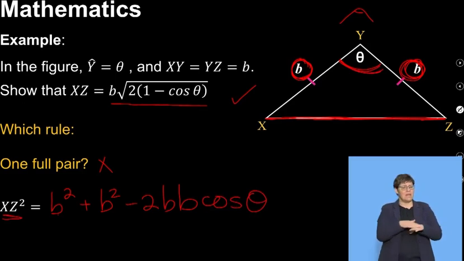Basically we're saying XZ squared is equal to XY squared plus YZ squared minus 2 times XY times YZ times cos of the angle in between, which is theta.